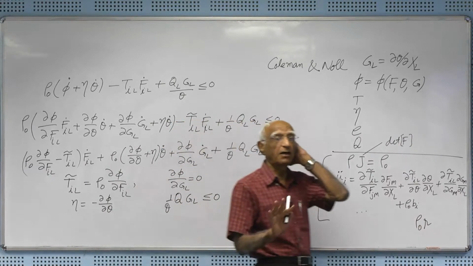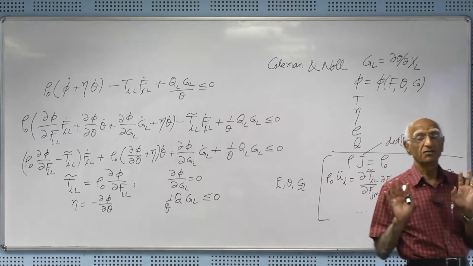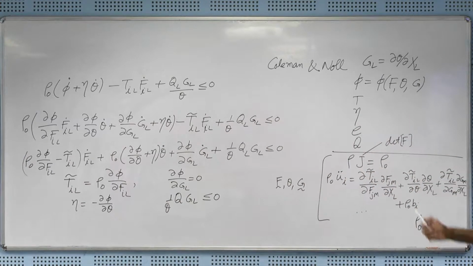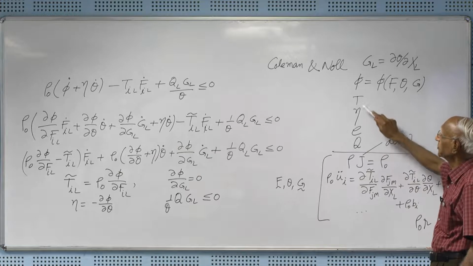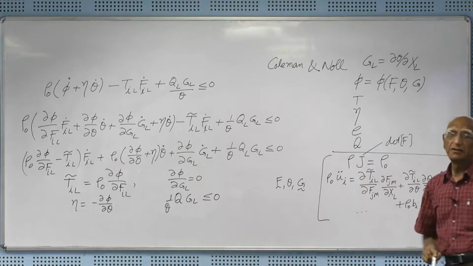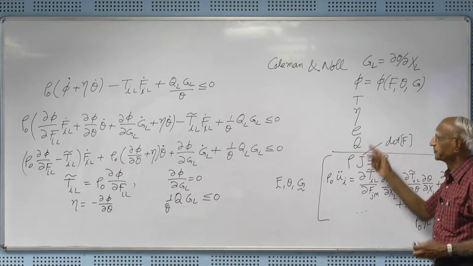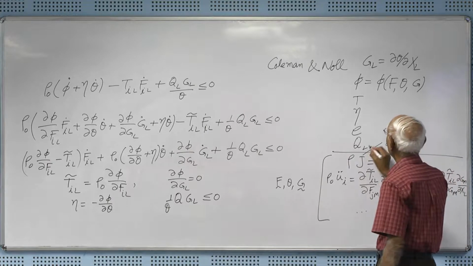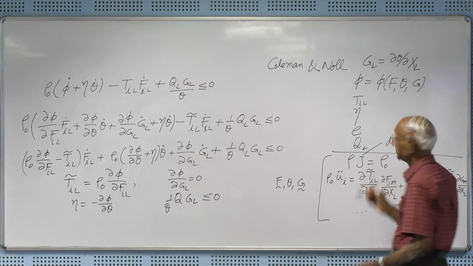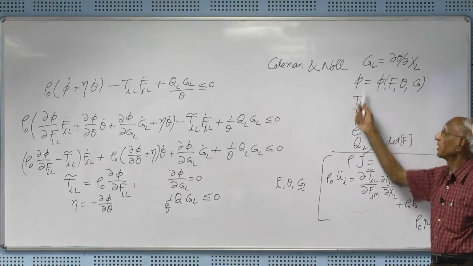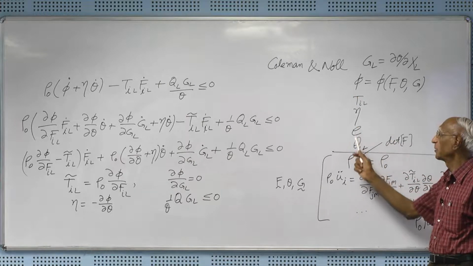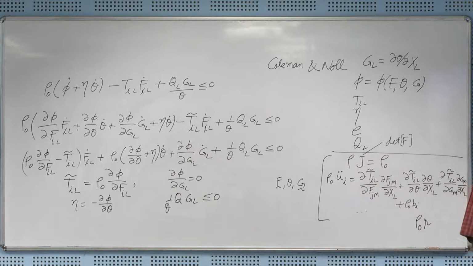See how much our problem has been simplified. We had to find 1, 2, 3, 4, 5. Well, this was actually, we had to find 1 plus 9, 10, 11, 12, and 13, 14 functions for a thermoelastic material.